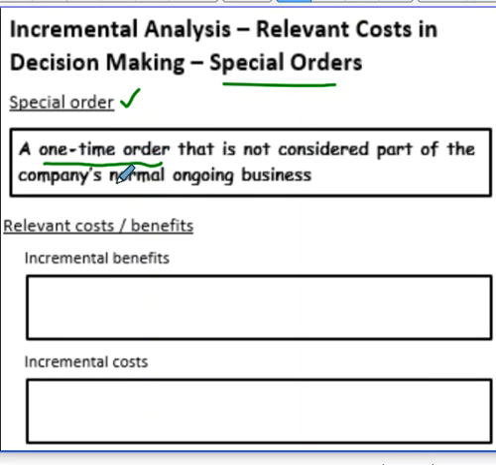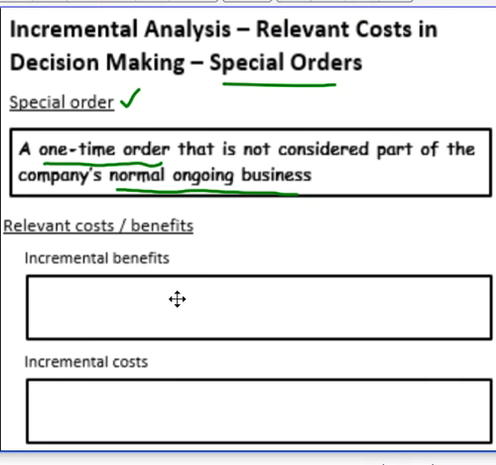So it's a one-time order that is not considered part of the company's normal ongoing business. It's like somebody comes in and wants to make a one-time deal with us, and they're not one of our ongoing customers, so to speak. So we need to consider, again, relevant costs and benefits, which will include incremental benefits and incremental costs.